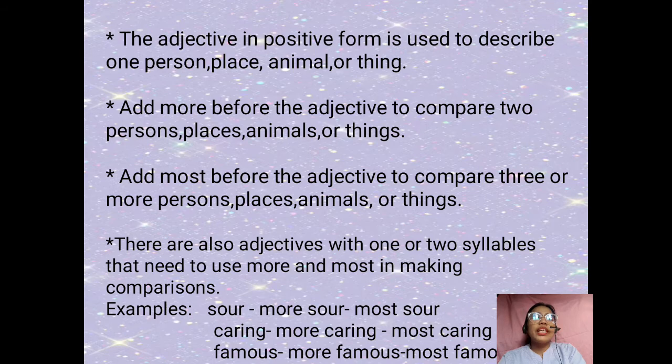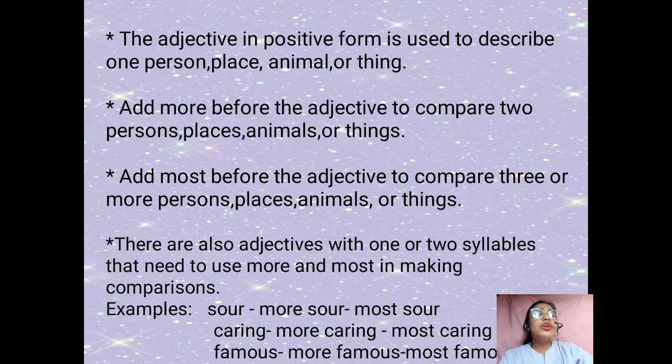Okay, so gagamit tayo ng most. Okay, and also we add est at the end of a word. So paano natin malalaman na est ang ating idadagdag at hindi most?